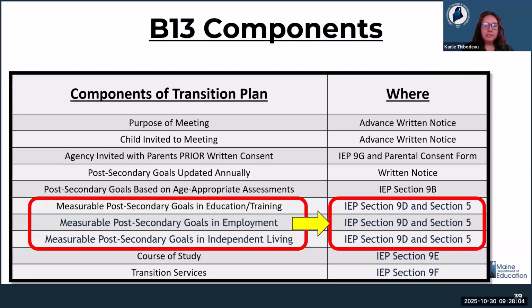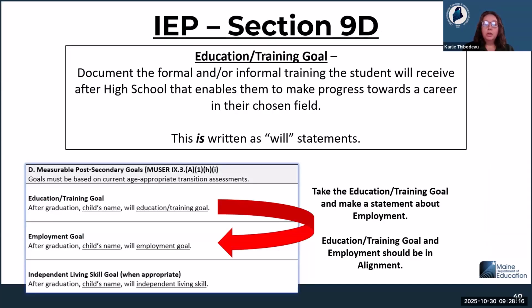All right, the next pieces that we look at are those post-secondary goals, and they're broken down into 3 types of goals. We have education, training, employment, and independent living. The education training goal is really thinking about what the student is going to receive for education or training, what they're planning on doing to get education or training that will help them move into that career that they are interested in.